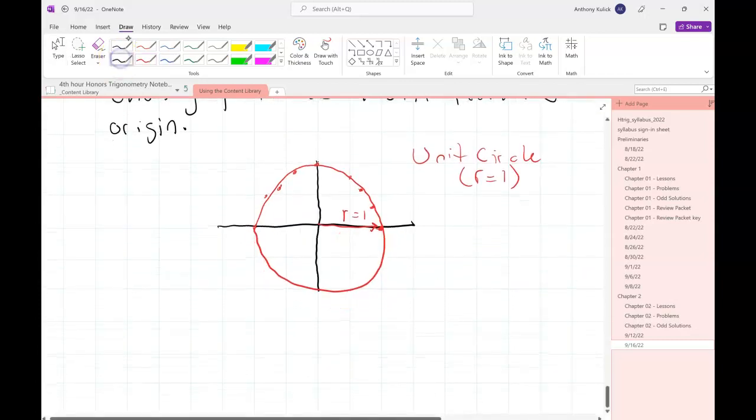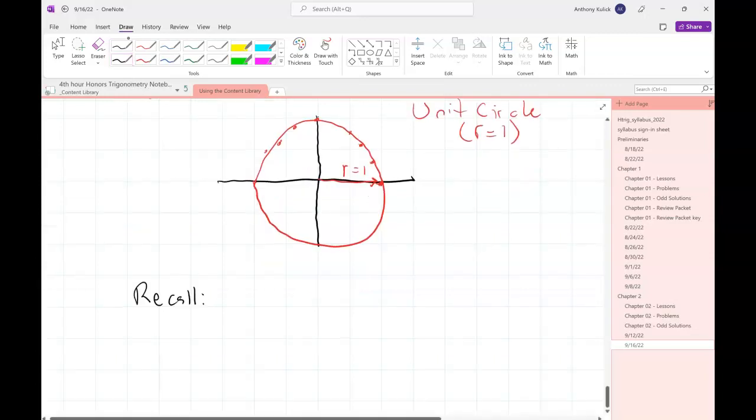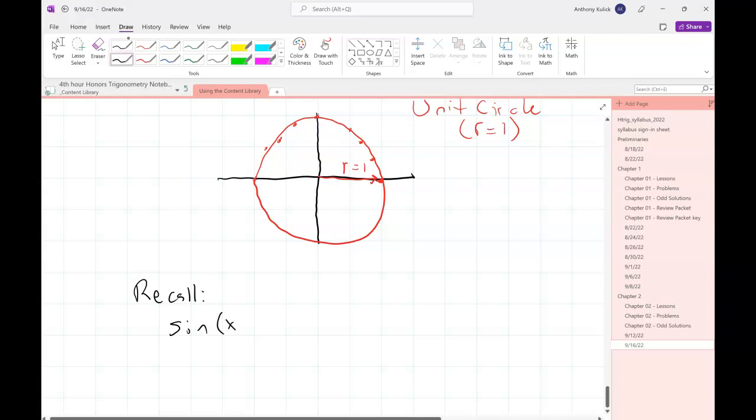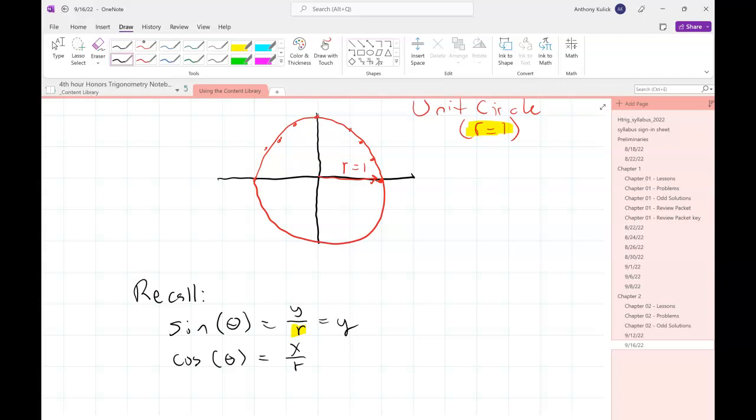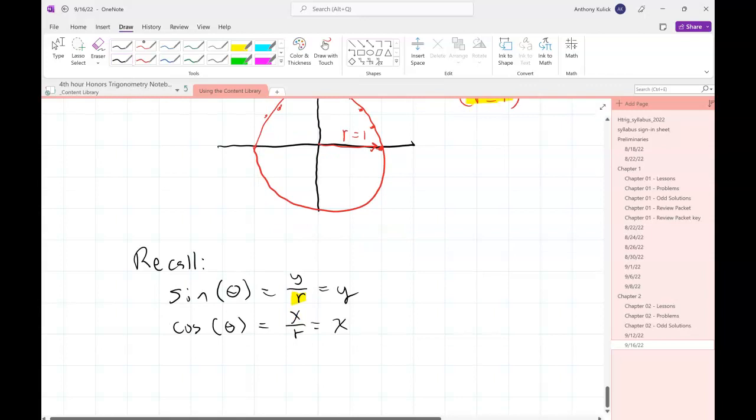So, if we've done this, recall that our definition for sine was y over r. But now we're on a unit circle. r is 1, so this just becomes y. Cosine theta was x over r, but we're on a unit circle, so that just becomes x.